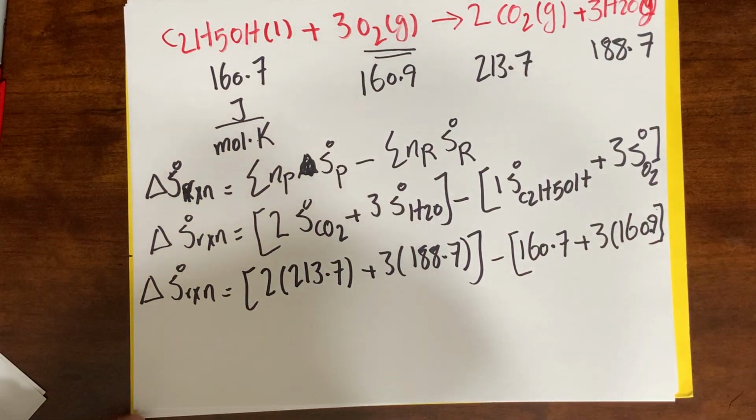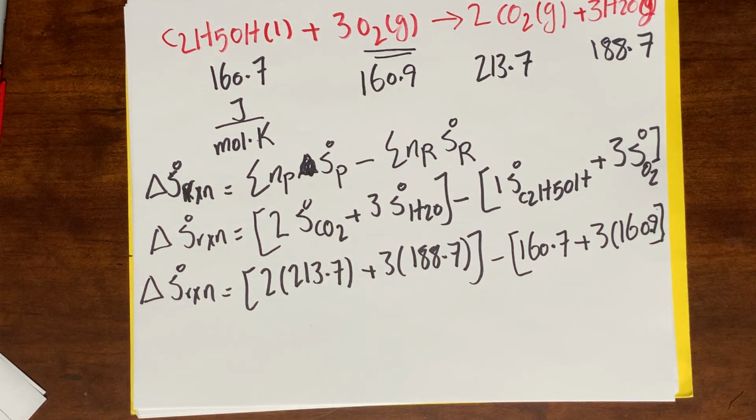And I will close it. I got 2 multiplied by 213.7 plus 3 multiplied by 188.7 minus 160.7 minus 3 multiplied by 160.9.